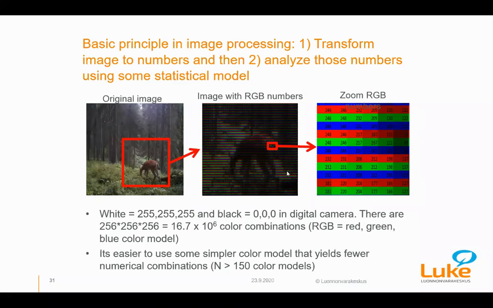So here this image processing has a couple of challenges. First of all, it should be able to separate different species. So here we should be able to identify this as a deer, and then also we might be interested in subcategories under the deer.